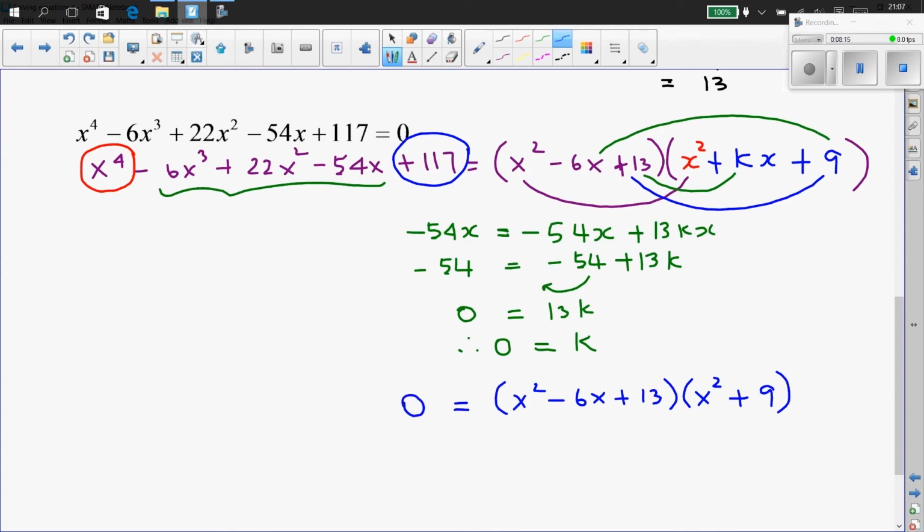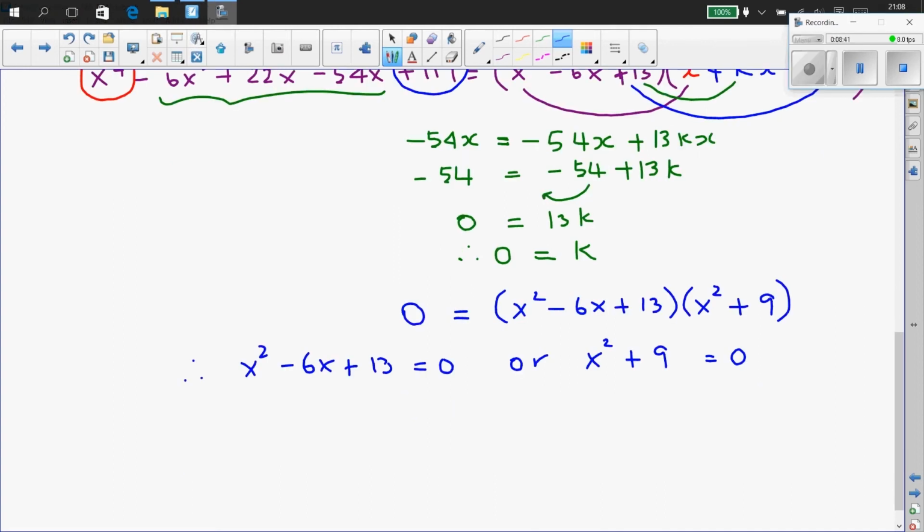So we realize that x squared minus 6x plus 13 equals 0, or x squared plus 9 equals 0. When we solve x squared minus 6x plus 13, we come to the solution that was given to us initially at the beginning of the question.